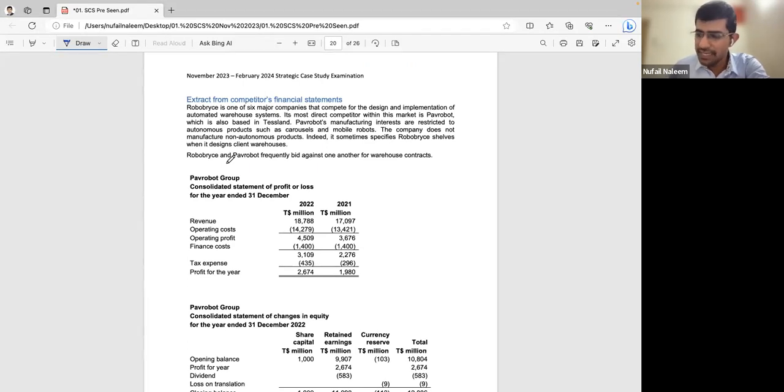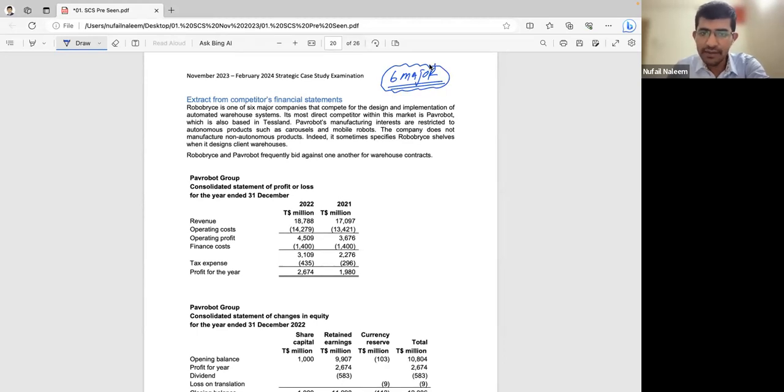Again, I'm repeating this so that it will be easier for you all to follow. Robobryce is one of the 6 major companies that compete for the design and implementation of automated warehouses. I'll write down here that only 6 major companies are in the market, so it is a very controlled type of industry.